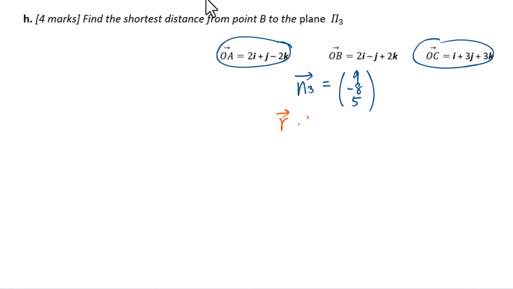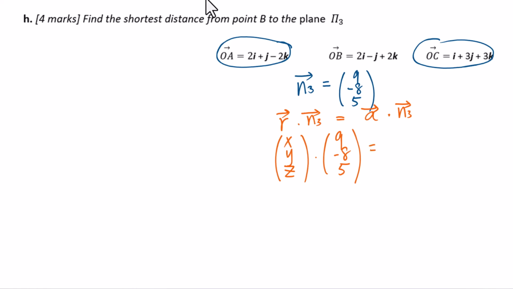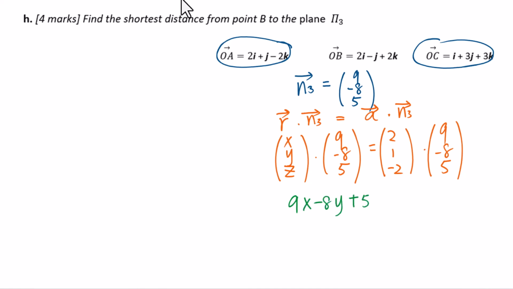So r dot normal vector n3 equals position vector A dot normal vector n3. (x, y, z) dot (9, -8, 5) equals, let's use OA as the position vector. So we got 9x minus 8y plus 5z equals 0. In other words, this d equals 0.